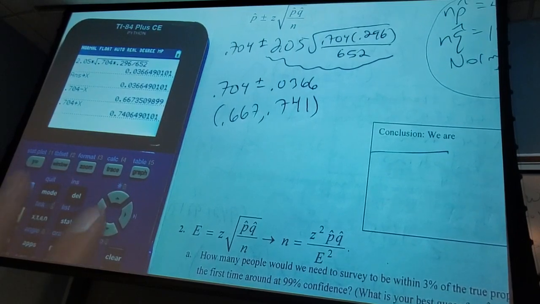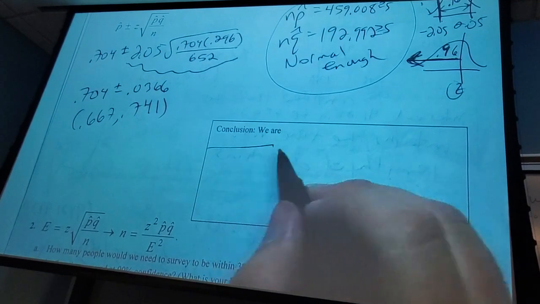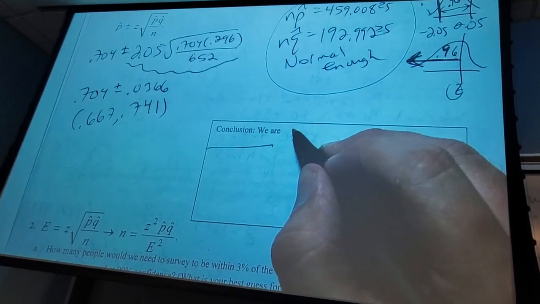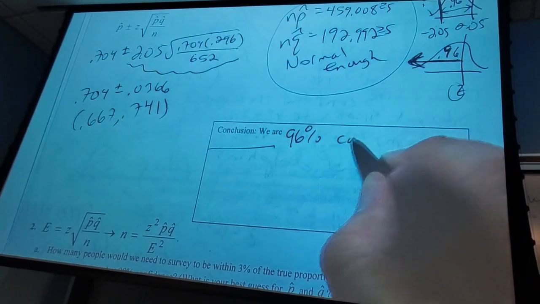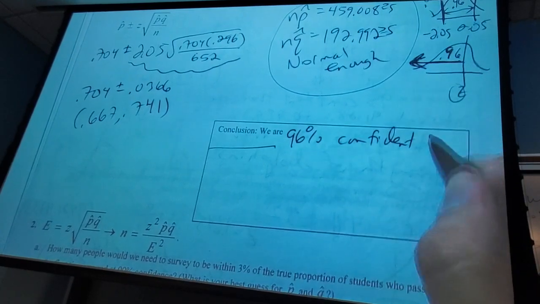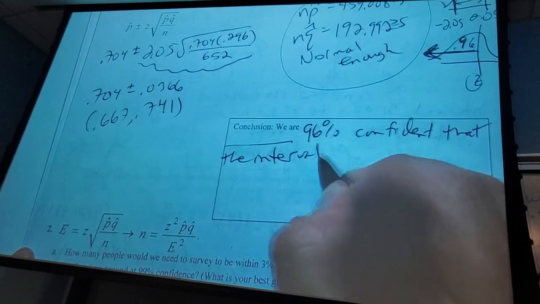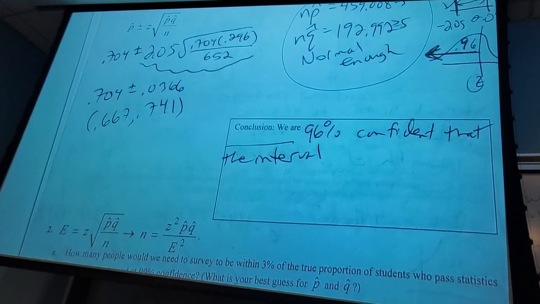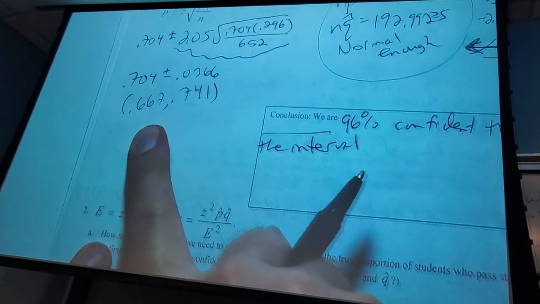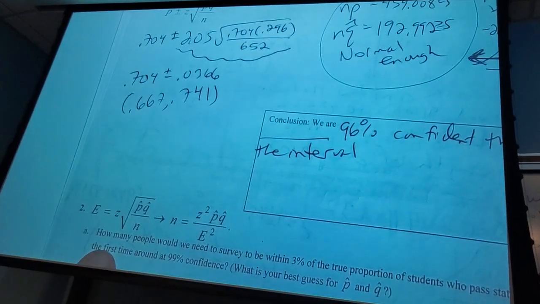All right, so how do I write this conclusion? You guys remember? We are 96% confident that what? With the interval. Now I always want units for percentage problems, just make these into percentages. And then the percentage will be your units, right?